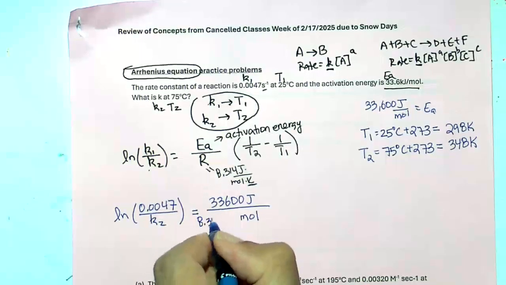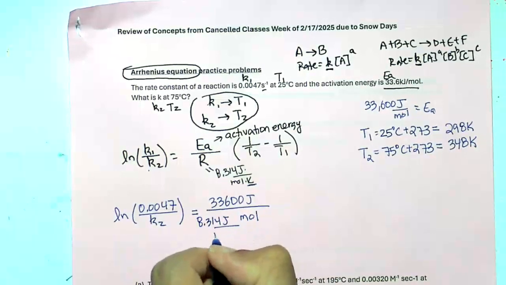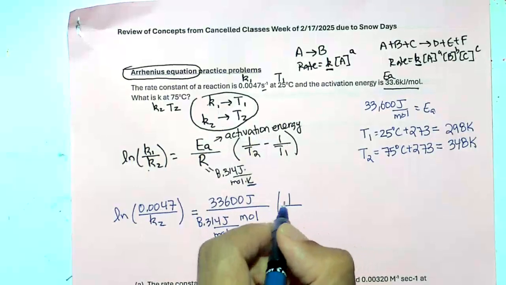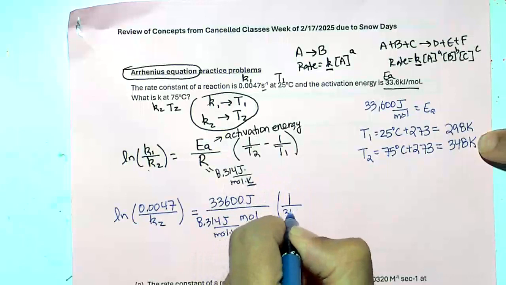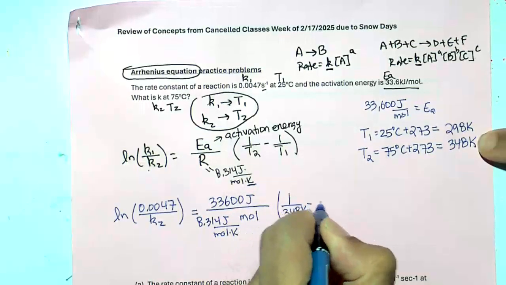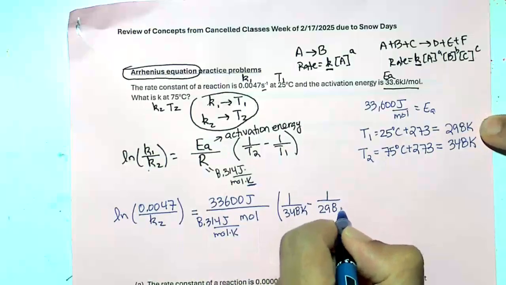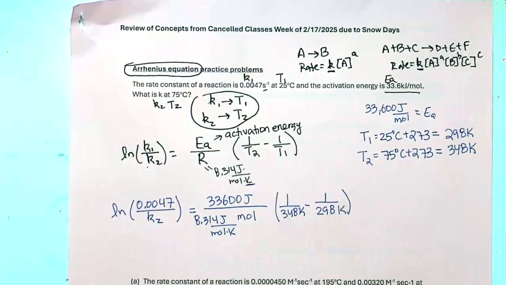R is 8.314 joules per mole Kelvin. 1 over T2 is 348 Kelvin, minus 1 over T1, which is 298 Kelvin.